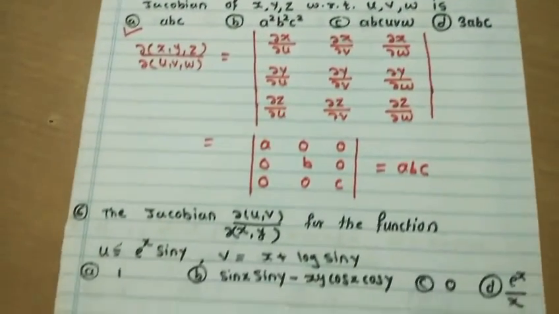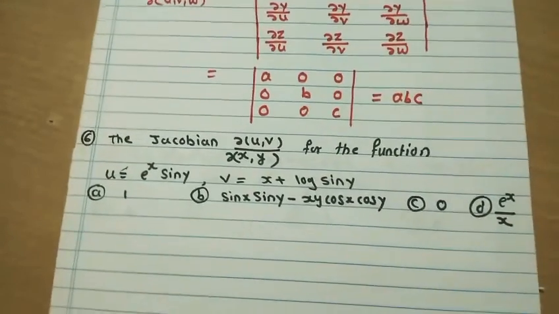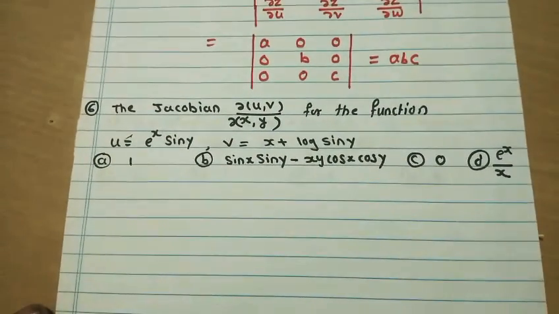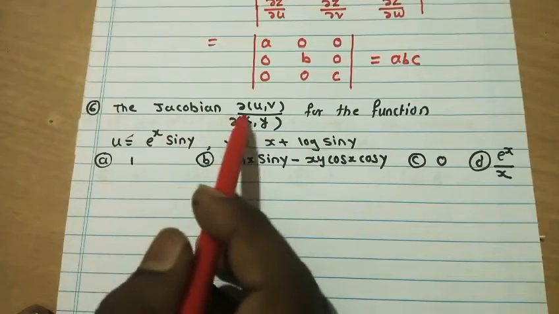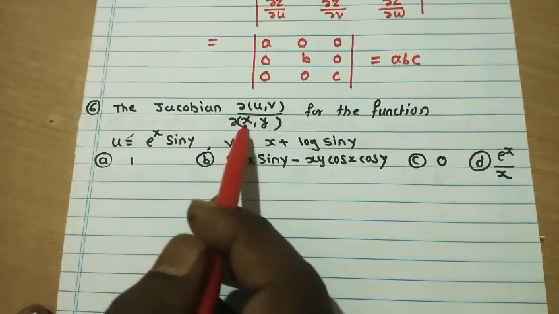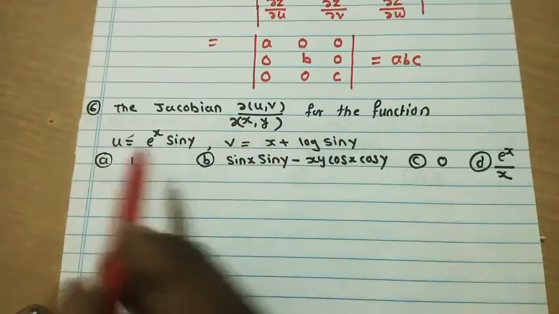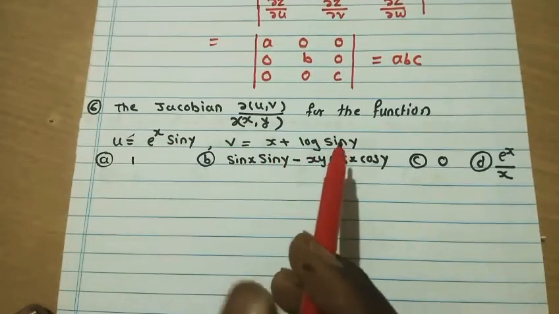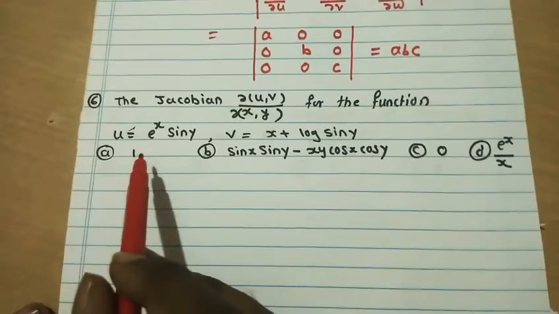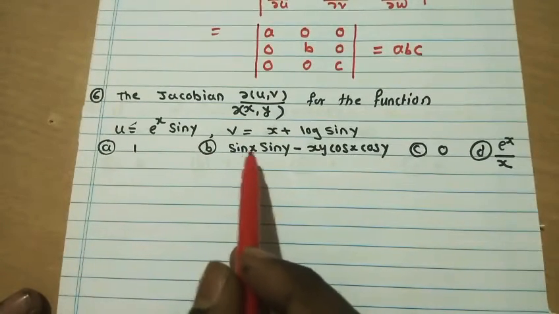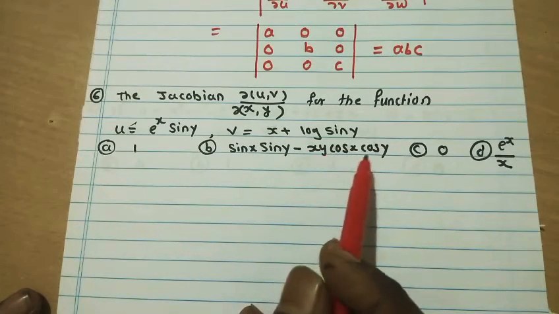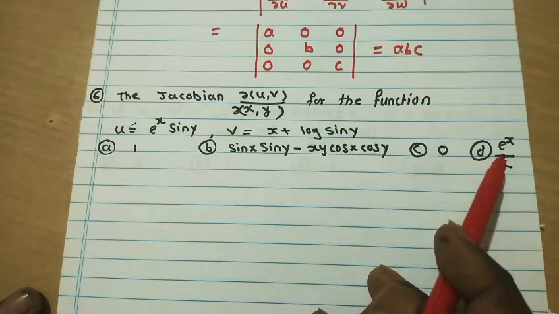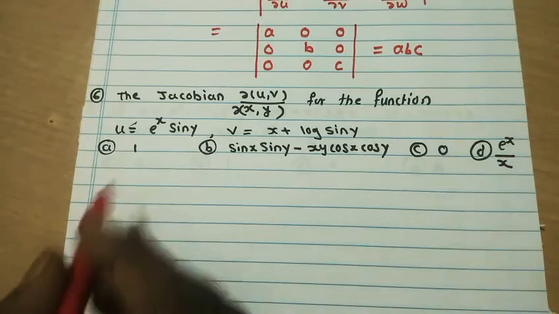Now come to the next question, question number 6. So the Jacobian of del of u comma v by del of x comma y for the function u equals e raised to x sin y, v equals x plus log of sin y. And the options are: 1; second, sin x sin y minus x into y cos x cos y; third is 0; and the fourth one is e raised to x upon x.